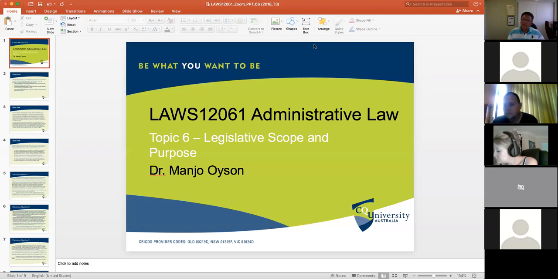If there are, let's say, 20 or 30 factors in that legislation, would it mean that the decision maker is required to canvass and consider every single relevant factor? And what is the impact if a decision maker fails to consider all relevant factors?